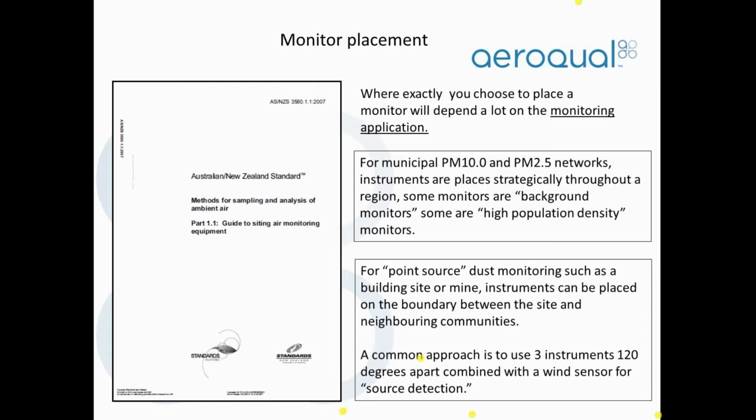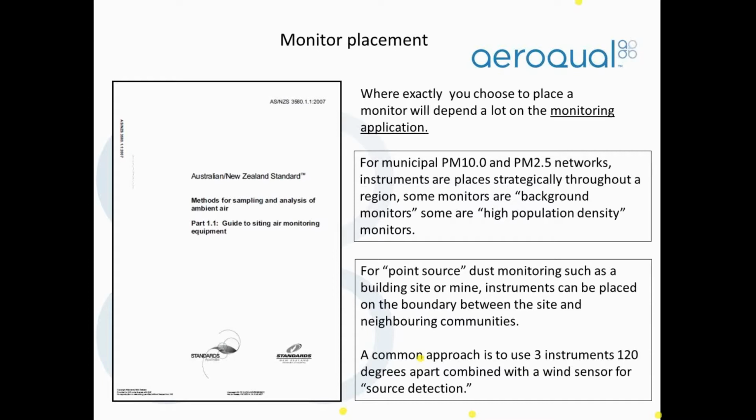Some monitors are considered background monitors, so they will be placed in areas of minimal human population, so we can understand what the background levels are. And some might be placed among high population density areas like central cities or areas where there are lots of people.